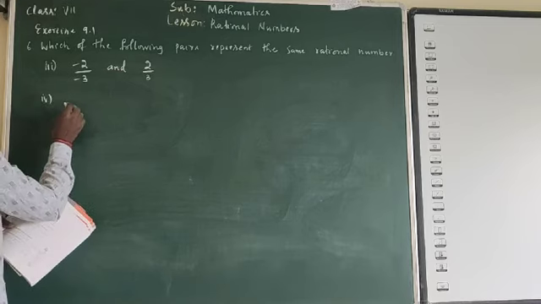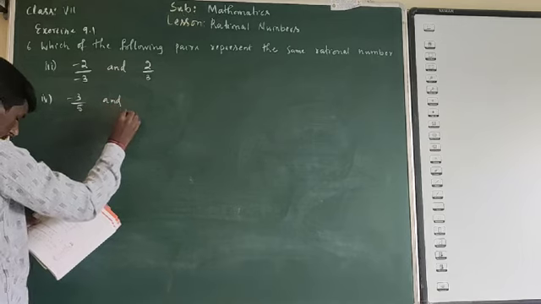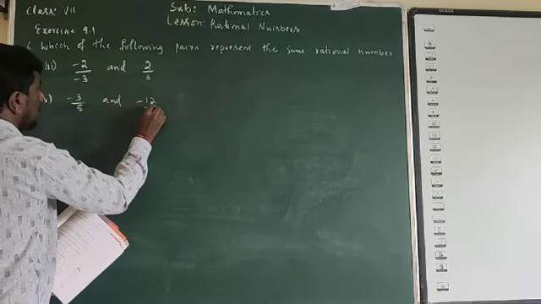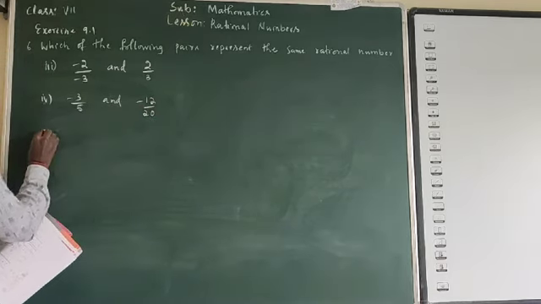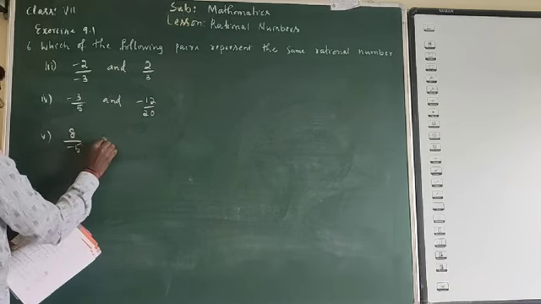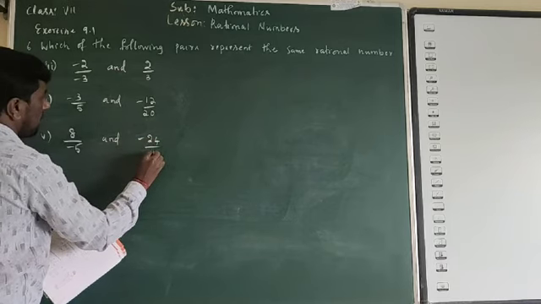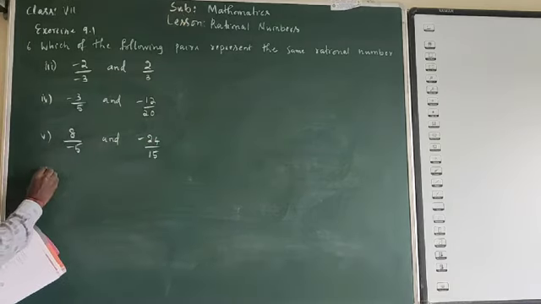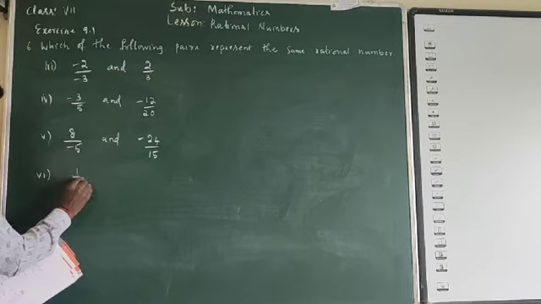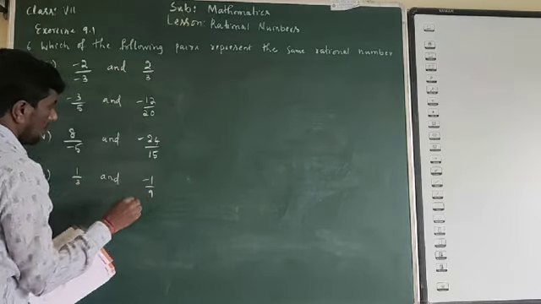Fourth one is minus 3 by 5 and minus 12 by 20. Fifth one is 8 by minus 5 and minus 24 by 15. Sixth one is 1 by 3 and minus 1 by 9.